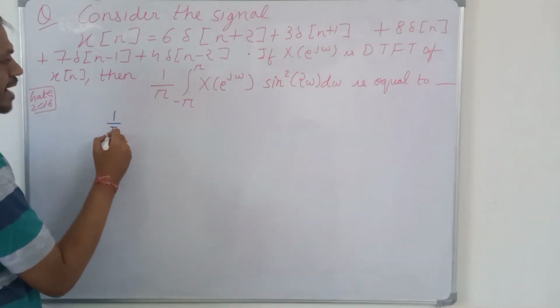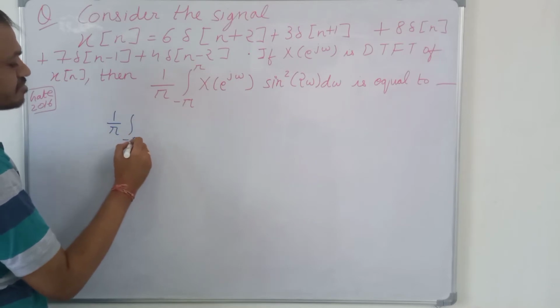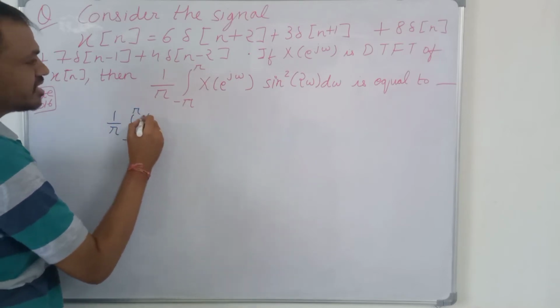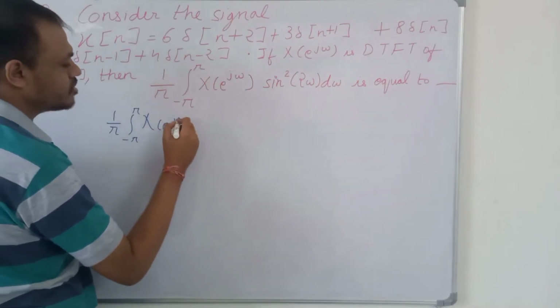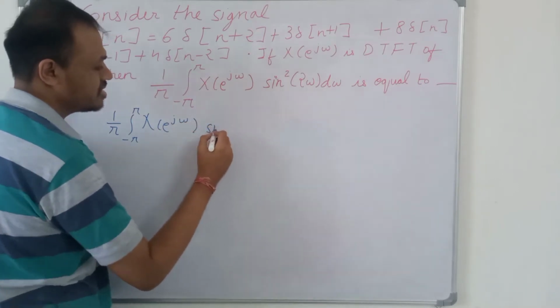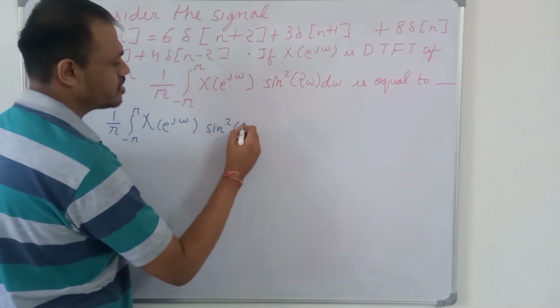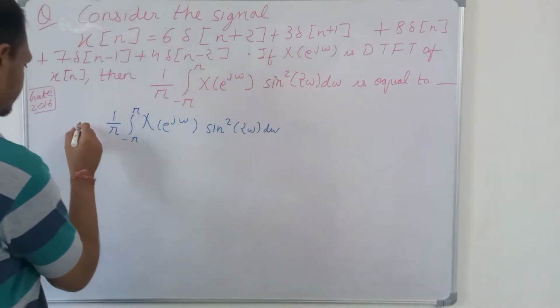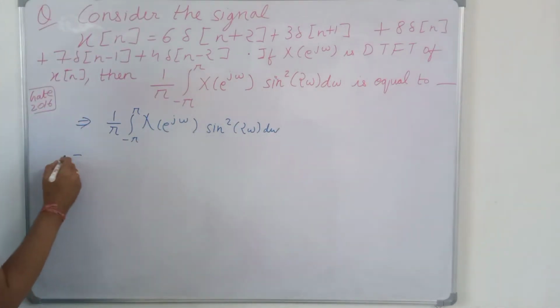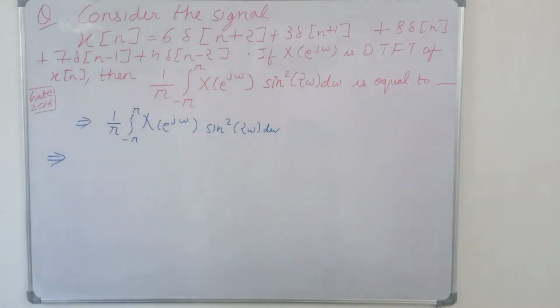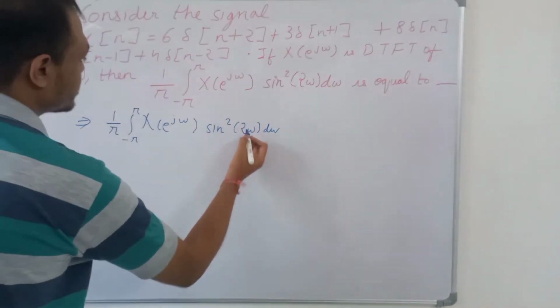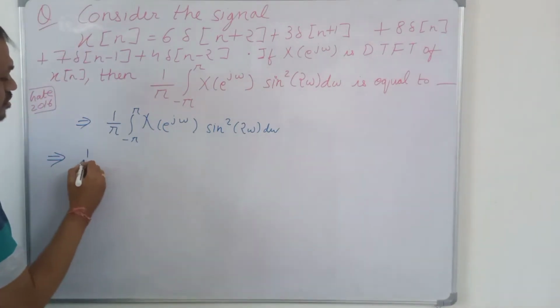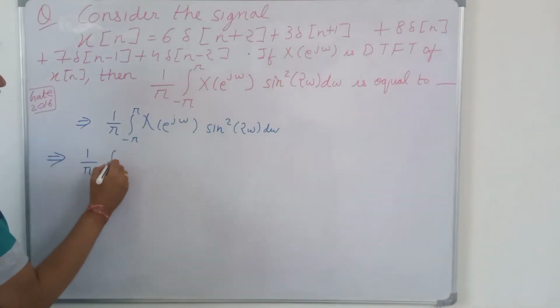1 upon pi, integral from minus pi to pi, X of e to the power j omega sine square of 2 omega d omega. So this can be written using the trigonometric identity of squaring.